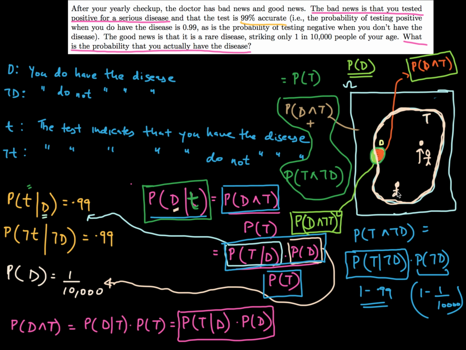But for somebody that happens to be this orange piece, well, this person is unfortunate because the test also indicates that the person has a disease, and in reality the person also has a disease. Okay, so this is the intuition behind the conditional probabilities and what it really means when you apply it on this problem set.